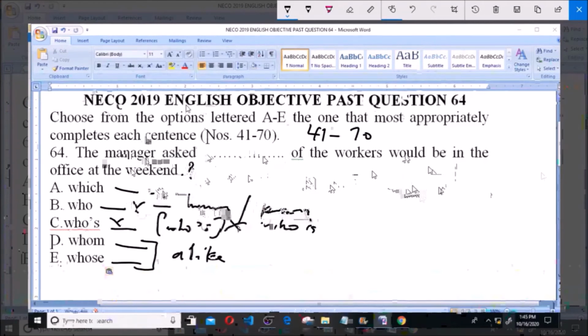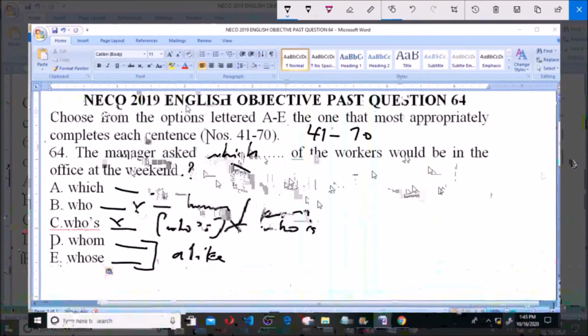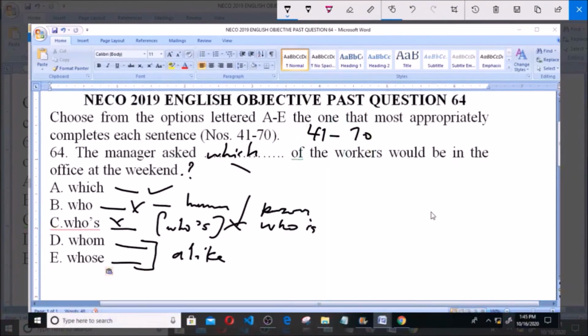So the manager asked which of the workers. And now let me explain this. The reason for this is that under direct WH we have what is called direct WH question and indirect WH question. Now, this is to tell you that there are other alternatives.